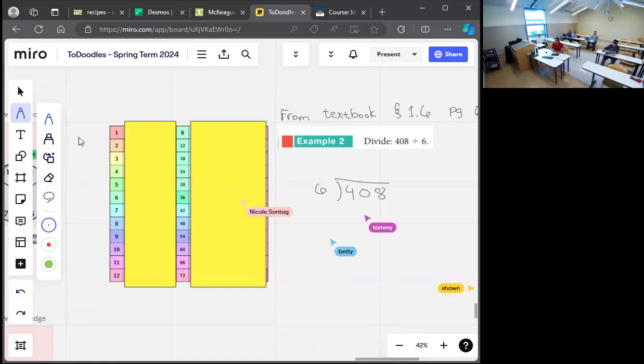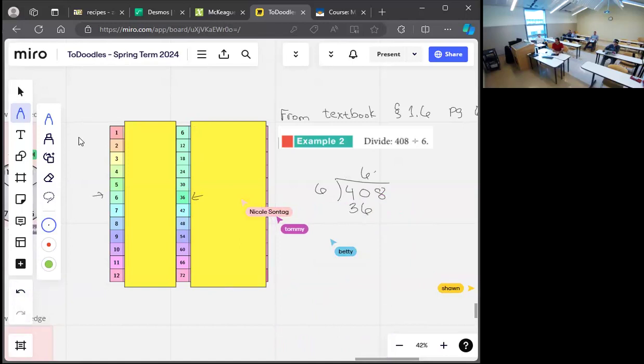I can do tens. 6 times something goes here. I want something that's almost 40, but not over. So when I look down this column, what's the biggest thing that's not more than 40? 36, right? So I have 6 times 6 is 36.